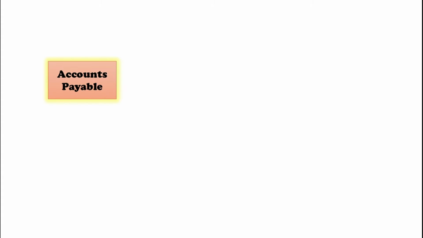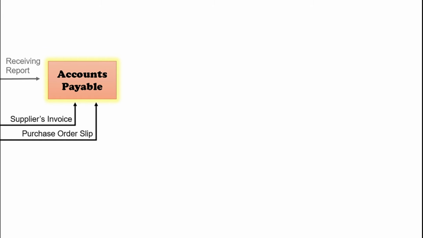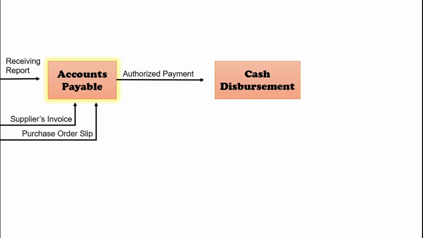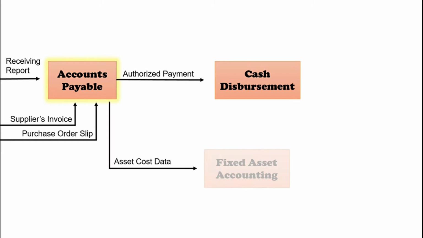The accounts payable department, having received the copy of the purchase order, the supplier's invoice, and the receiving report from the receiving department, then authorizes payment of such acquisition to the cash disbursement department. The accounts payable department also forwards the asset cost data to the fixed asset accounting.